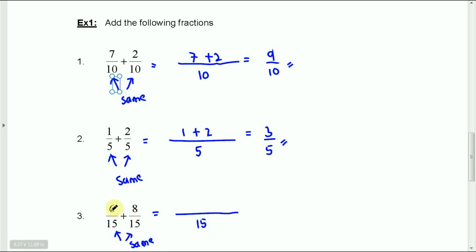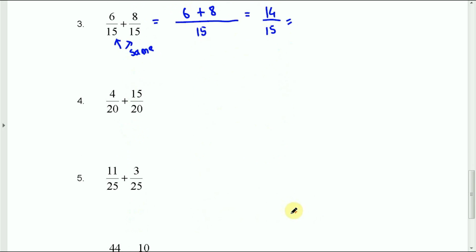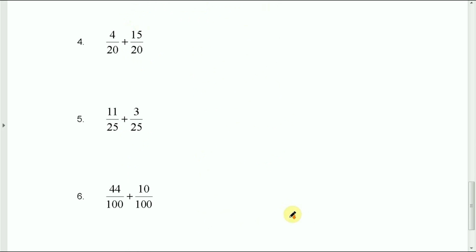So we can add the numerators. 6 plus 8 is 14. 14 over 15. That should be the solution. Now, try these examples. 4, 5 and 6. Take your time, use a ruler, be as neat as you can, and I'll go through the answers soon.